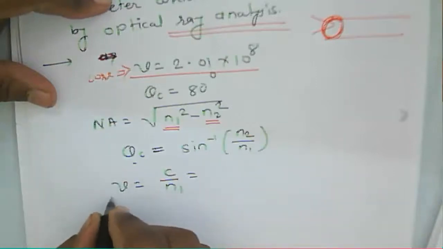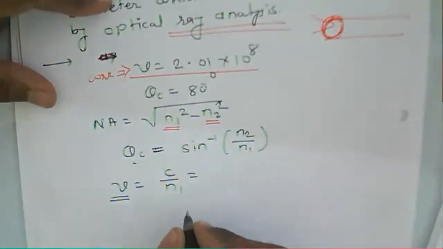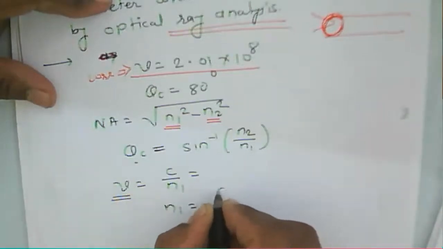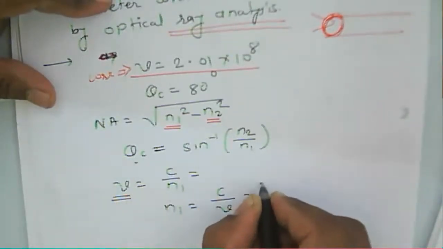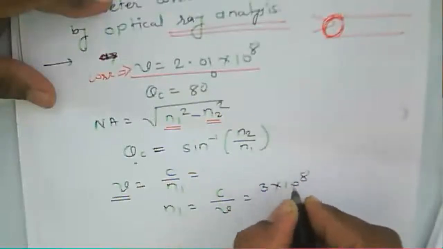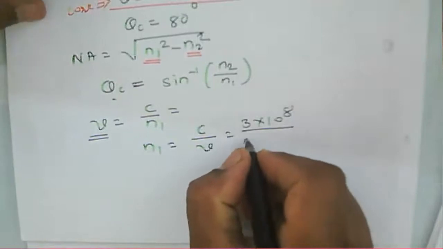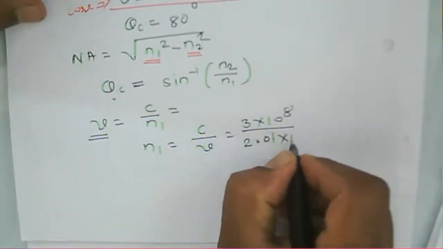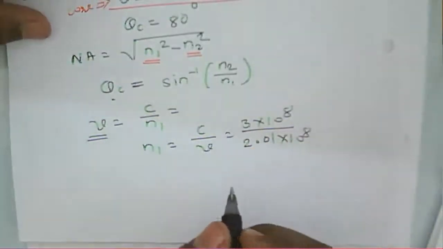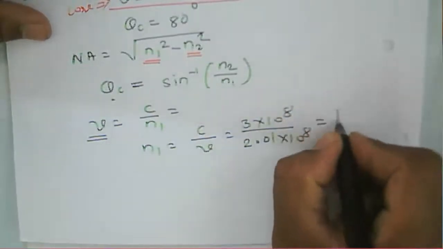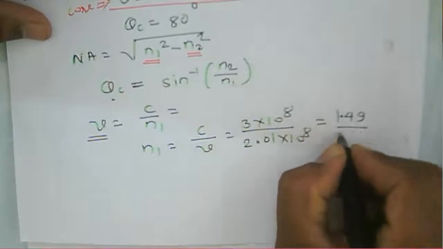We know v and c here, so we can find n1. n1 is equal to c by v, that is 3 into 10 to the power 8 divided by v, where v is 2.01 into 10 to the power 8 meters per second.